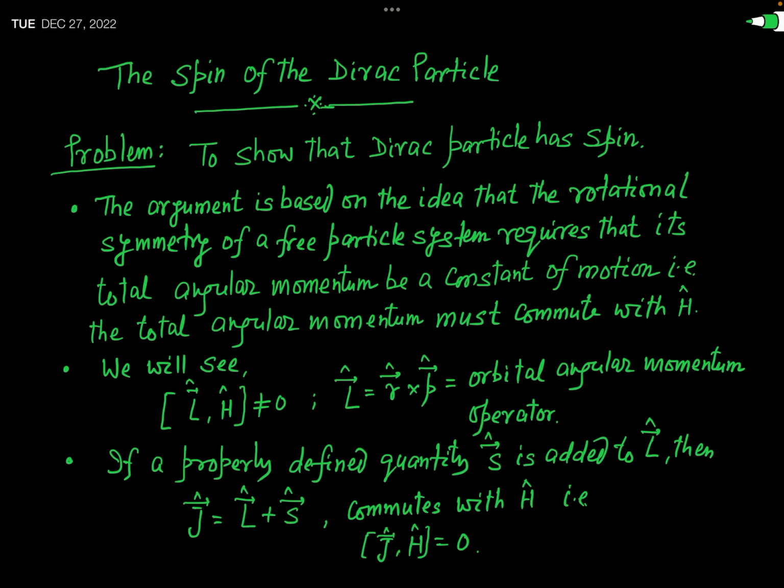But regarding the spin of the electron, there was no theoretical aspect available, or you can say that the spin of the electron had not been proved theoretically before the Dirac theory.